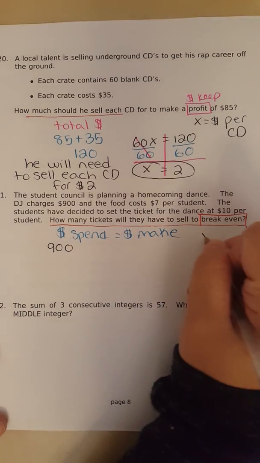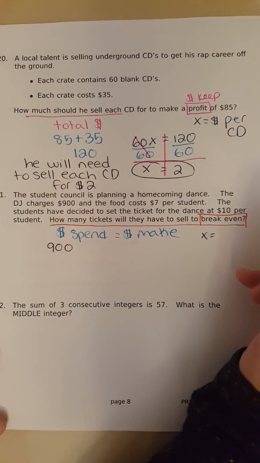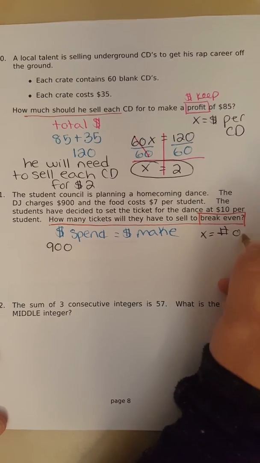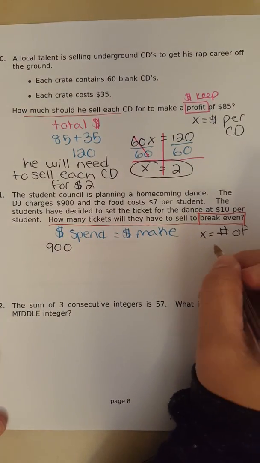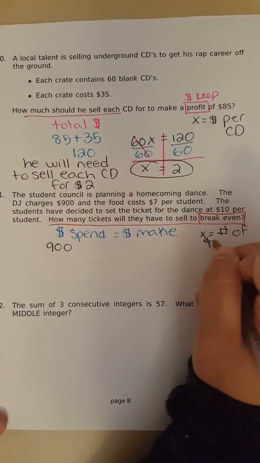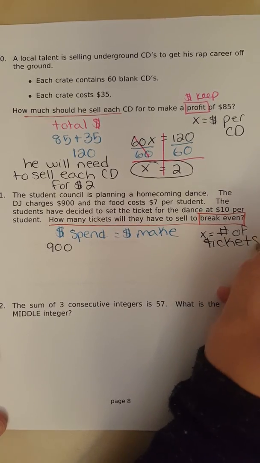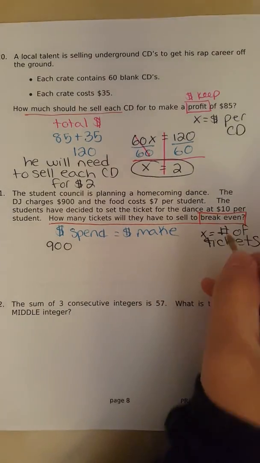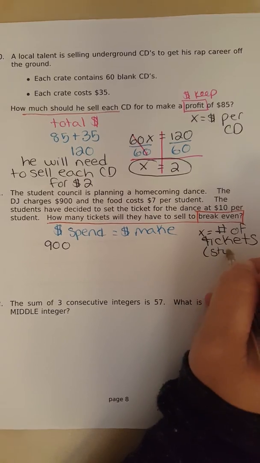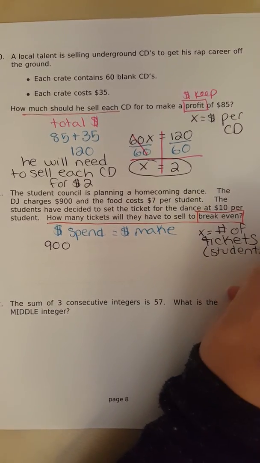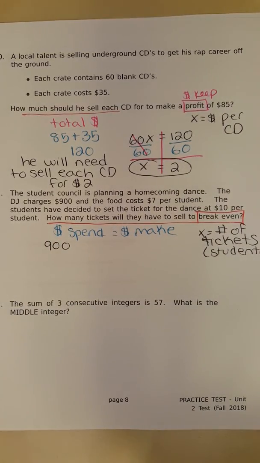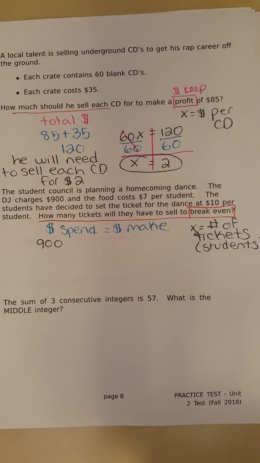Okay, so X, we need to find our variable. X is going to be the number of tickets. And kind of right along those lines, the number of tickets is also the number of students, because each student is going to have a ticket to go to this dance.